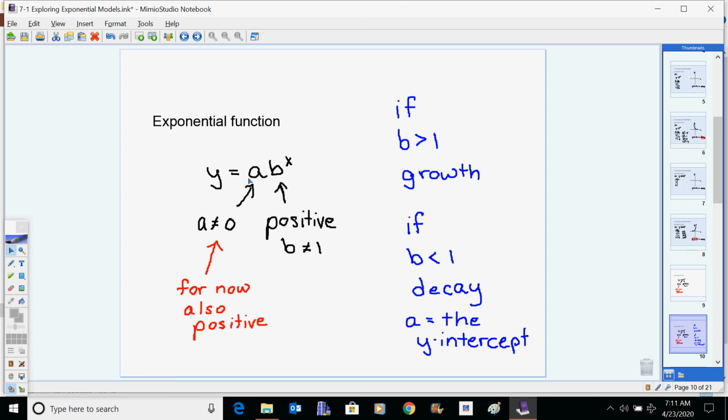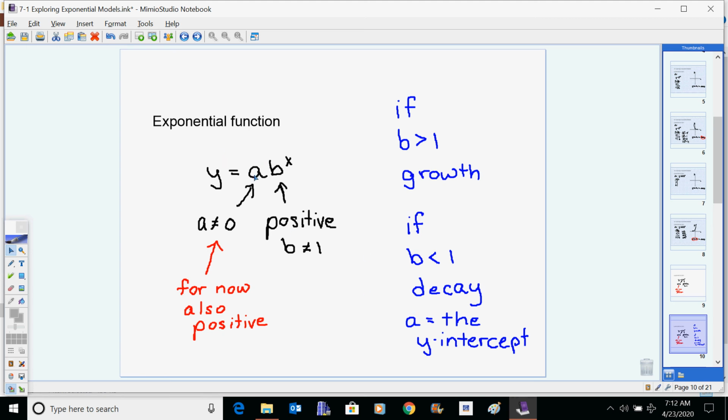Then you have this number that is not taken to the power. And if we have a number that is not just a hidden 1, then that's going to be where our y-intercept is. Okay, even if it is a hidden 1, this number right here tells us the y-intercept.